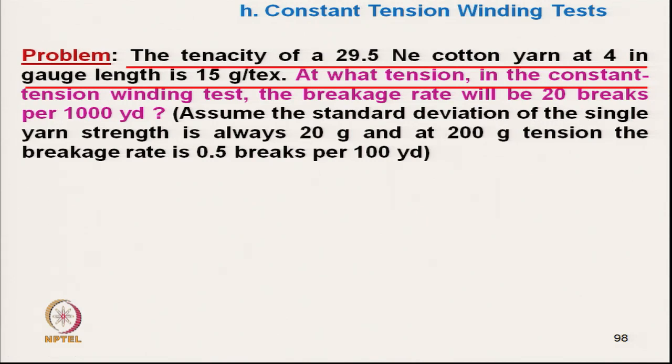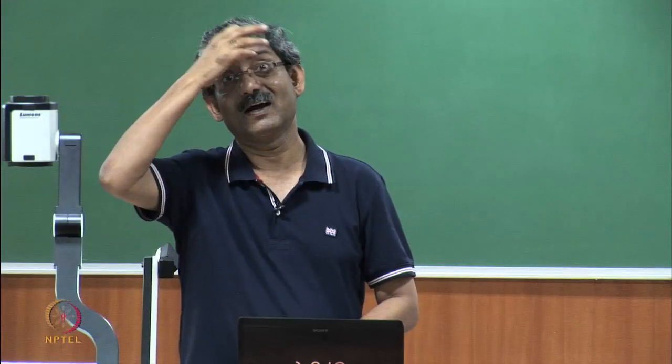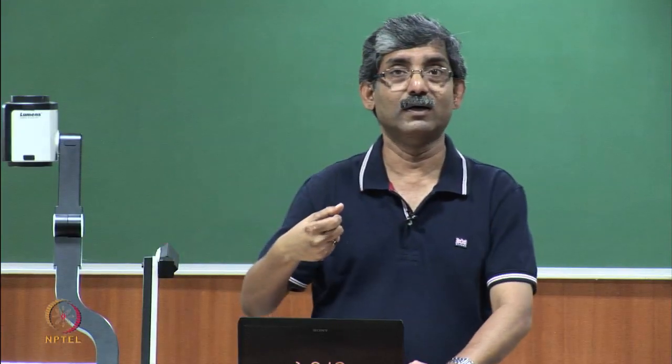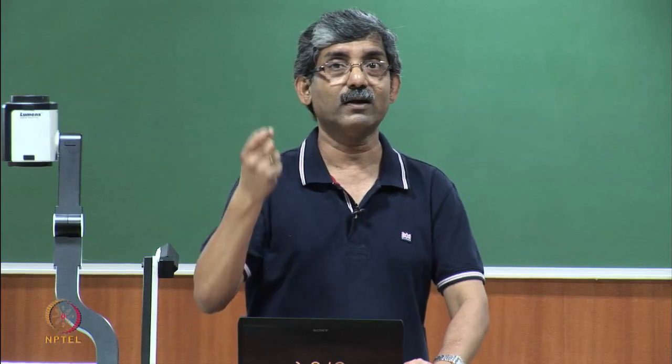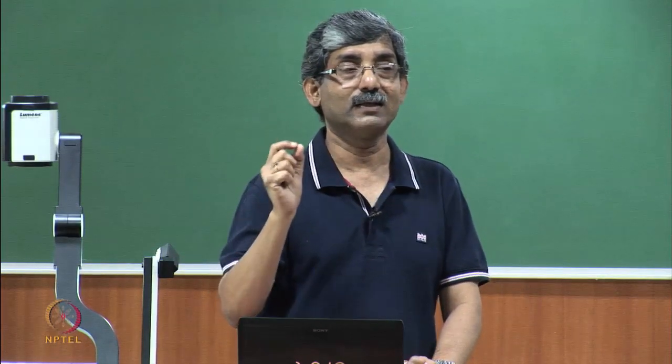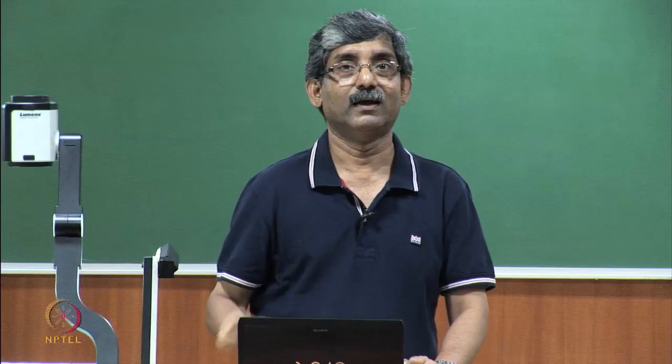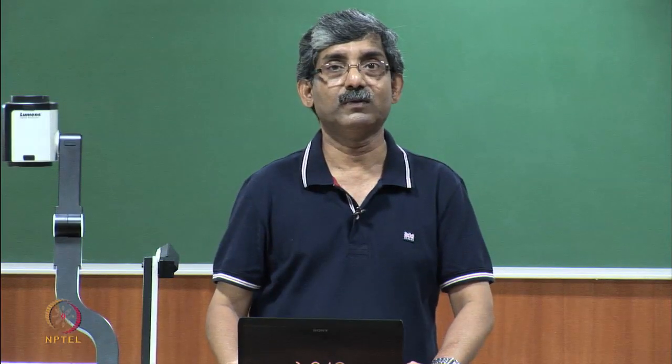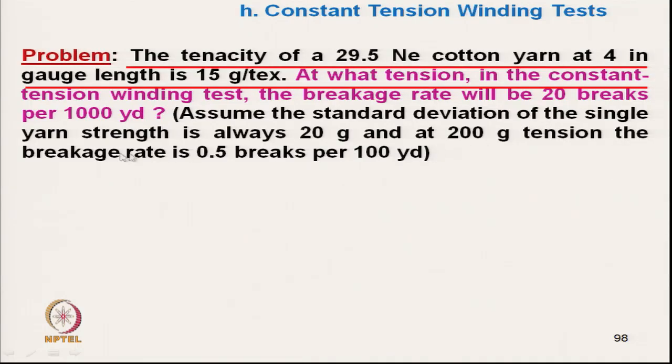So the requirement is to find the tension for 20 breaks per 1000 yard. And assume the standard deviation of the single yarn strength is always 20 gram; the standard deviation is given, it is constant.